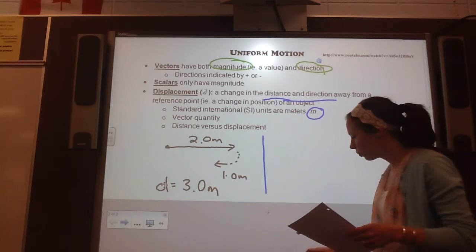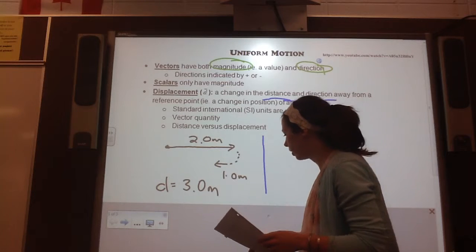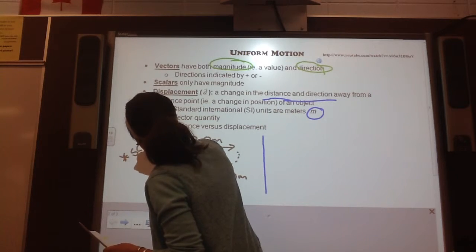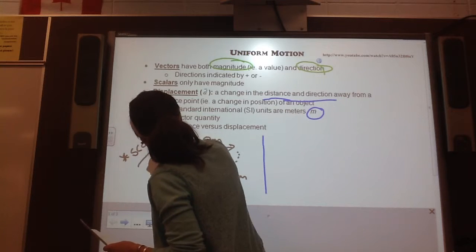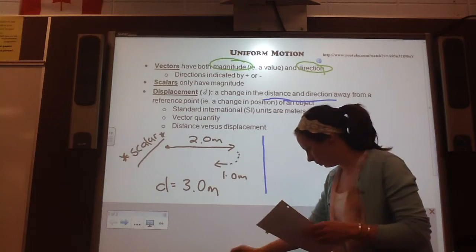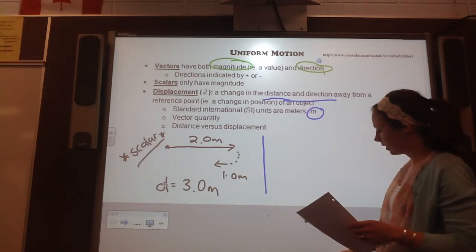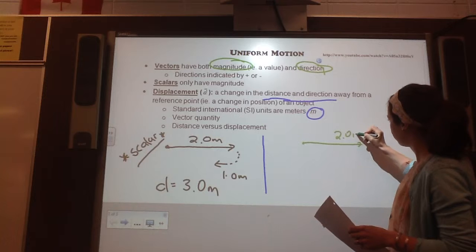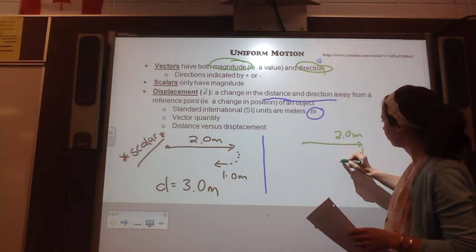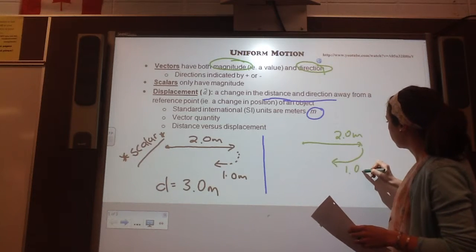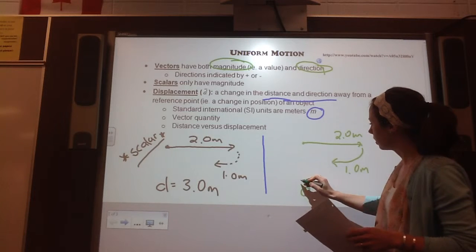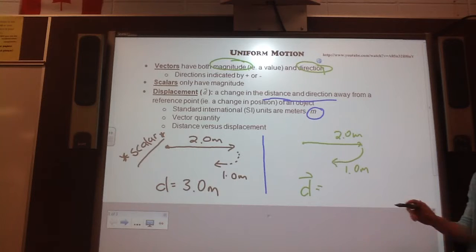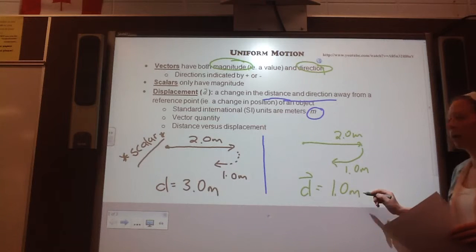Let's put here, so that we remember, this is scalar. Now, if I did the same thing, went 2 meters, turned around, went about 1 meter, my displacement, so d with an arrow over top, is what?